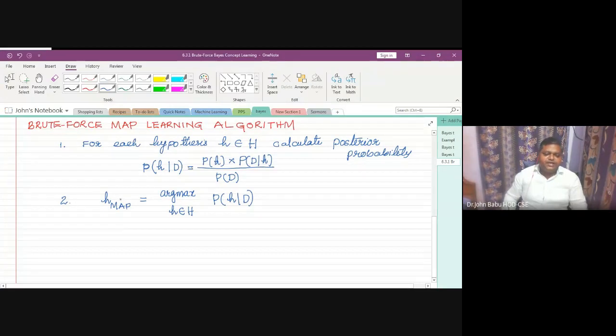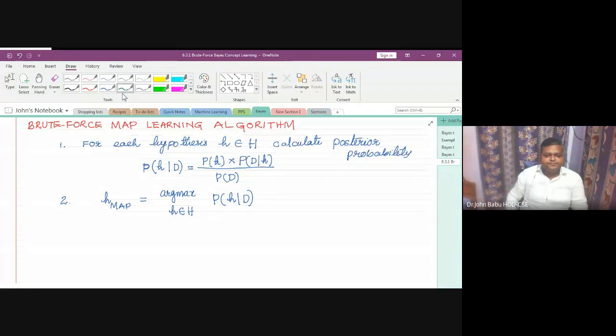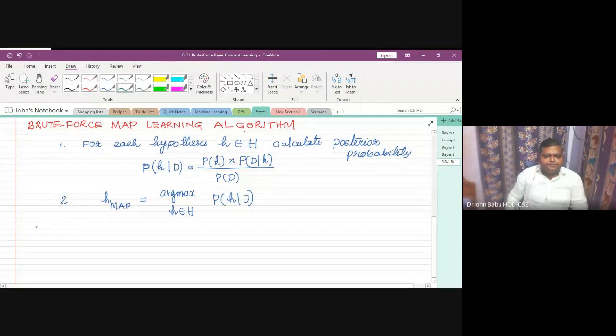For that, in the brute force algorithm, we will make certain assumptions. Follow carefully. What was the problem of the candidate elimination algorithm? Do you remember any point there?